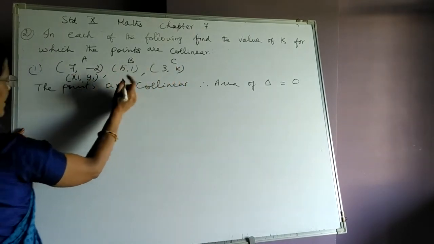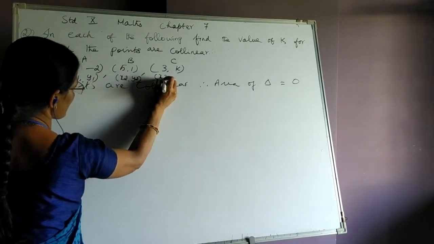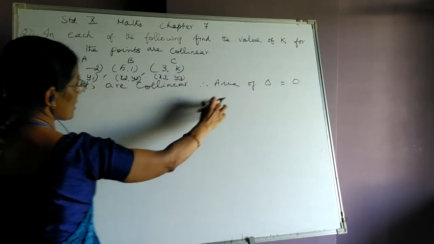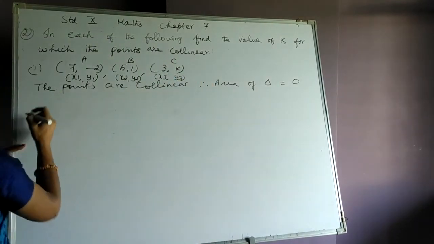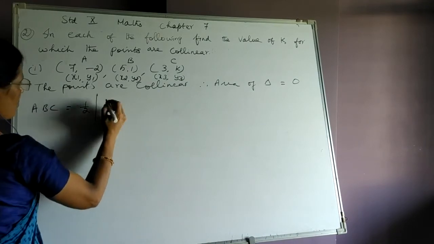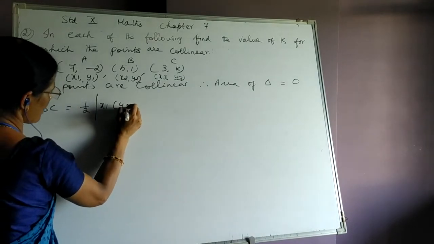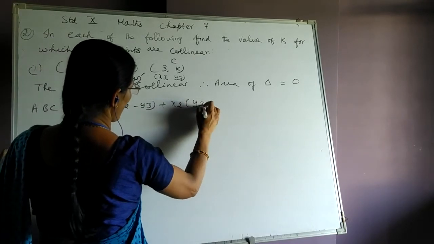Second sum is, in each of the following, find the value of k for which the points are collinear. So we are given that the points are collinear. If points are collinear, what about the area of the triangle? The area of the triangle becomes 0. So we write here, the points are collinear.